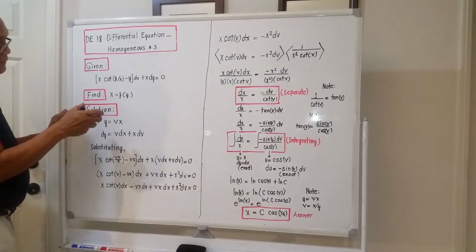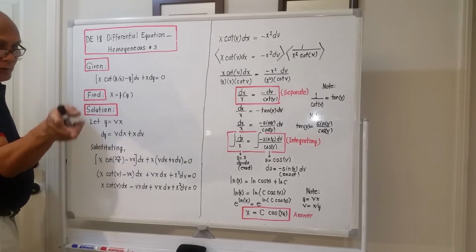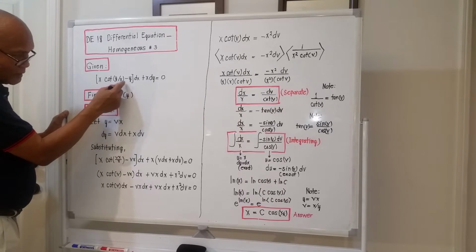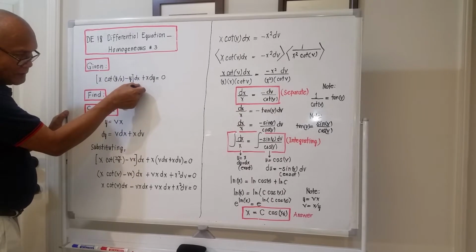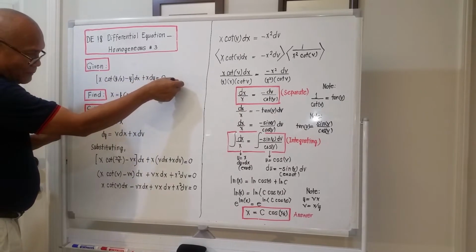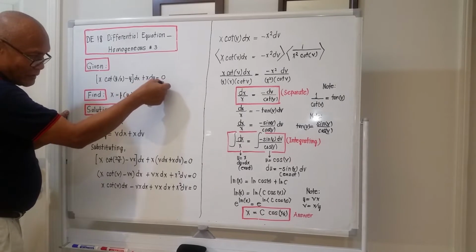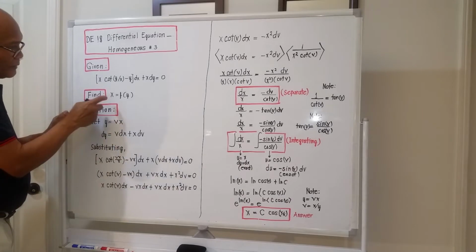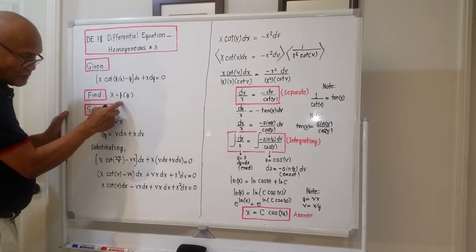We are given the differential equation. I will read it, guys. x cotangent of (y over x) minus y, close bracket dx plus x dy equal to 0. The problem is asking what will be the relation of x as a function of y.